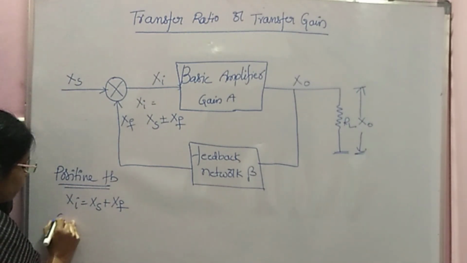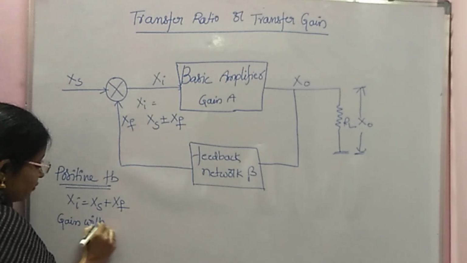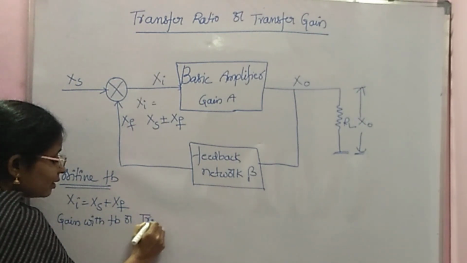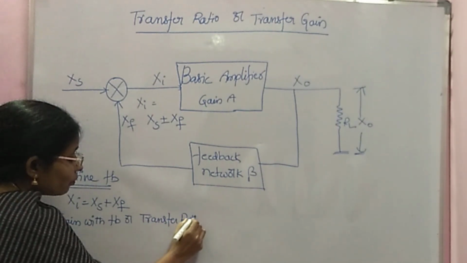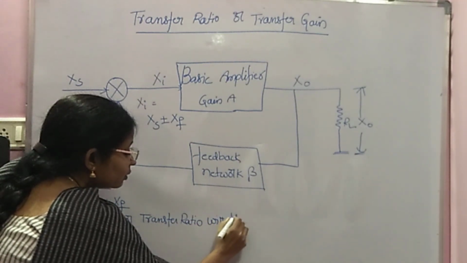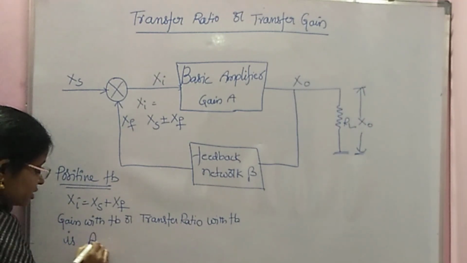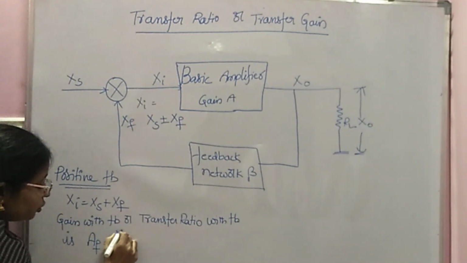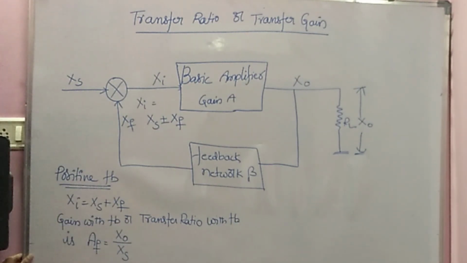Now, the gain with feedback or transfer ratio with feedback is represented by AF, and AF is equal to X naught by Xs.